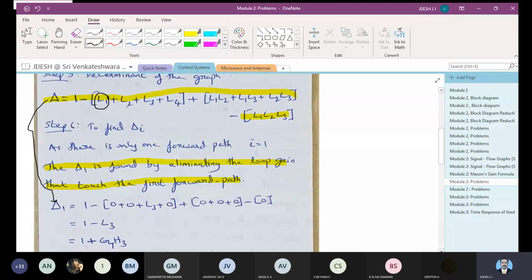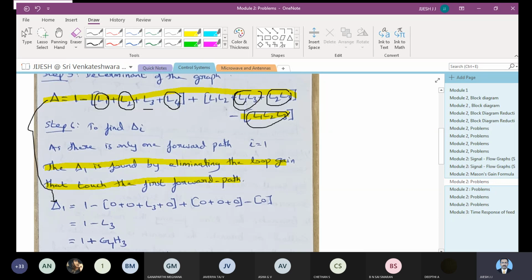This loop touching the forward path will become 0. Since L3 is in combination with L1, the entire thing becomes 0. L3 is in combination with L2, so the entire thing becomes 0. L3 is in combination with L1 and L2, so the entire thing becomes 0. So here you will be left with 1 minus L3.